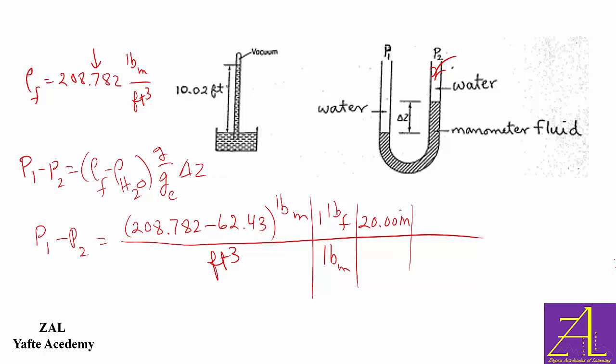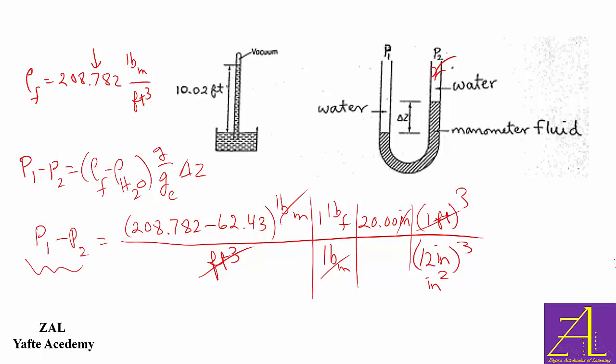But we have to convert foot and inch. I will have 1 foot cube over 12-inch cube. And in here, foot cancels out. One of these inches with this will make inch square. Pound mass cancels out. I will be left with pound force per inch square, which is PSI.